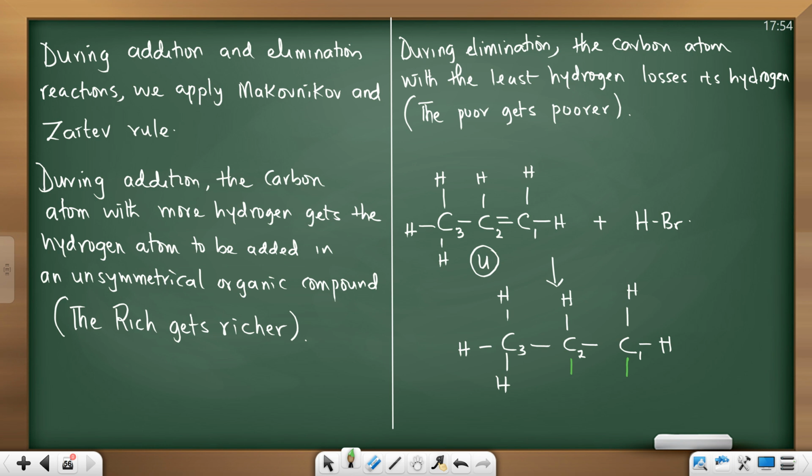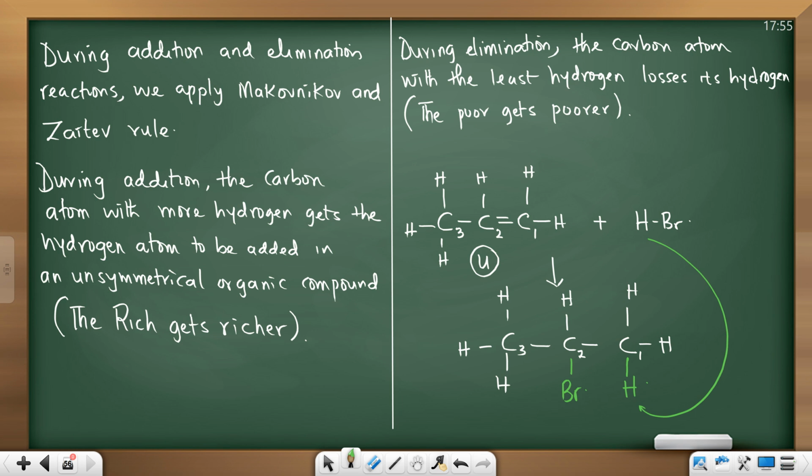Carbon 1 has 2 hydrogens, while carbon 2 has 1 hydrogen. This guy knows how to do business. We are going to add this hydrogen to this carbon, and then this becomes Br. Did that make sense?